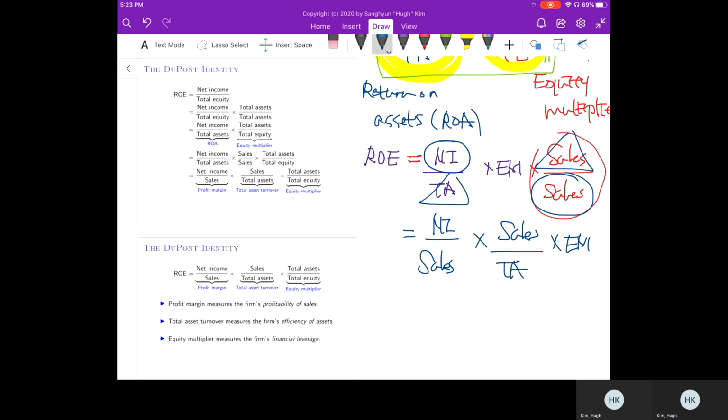So the first ratio is called profit margin.